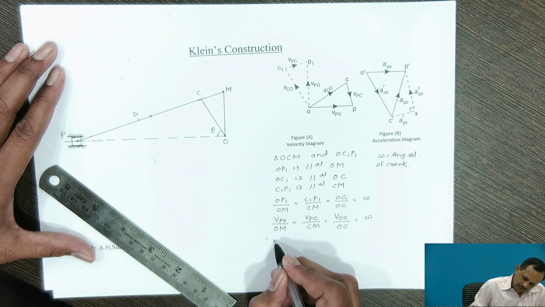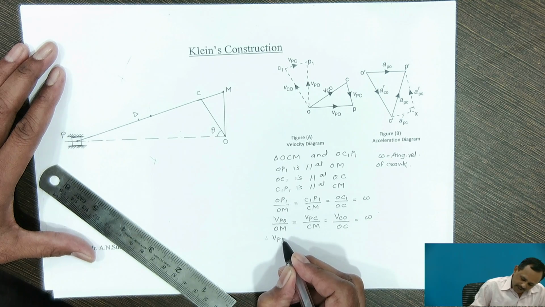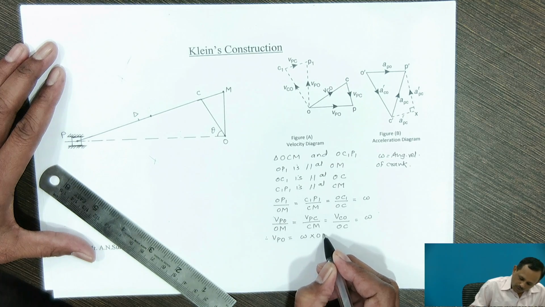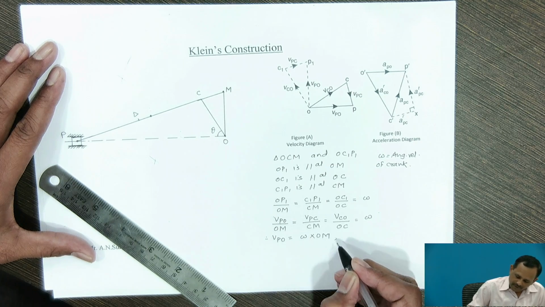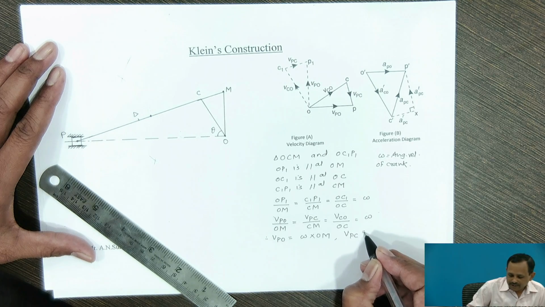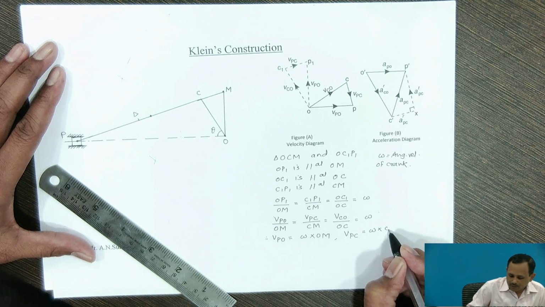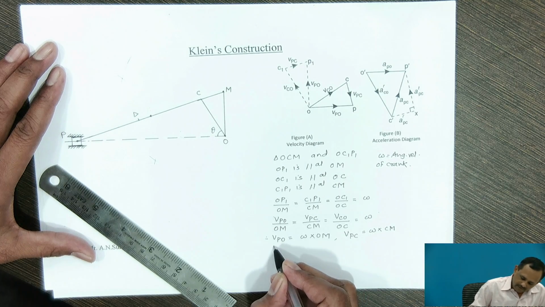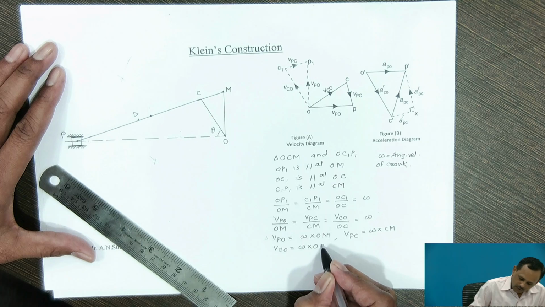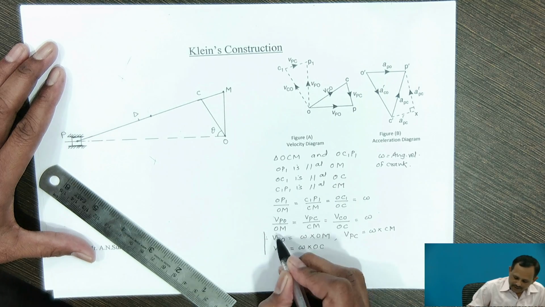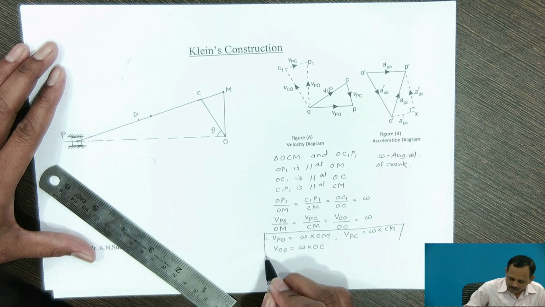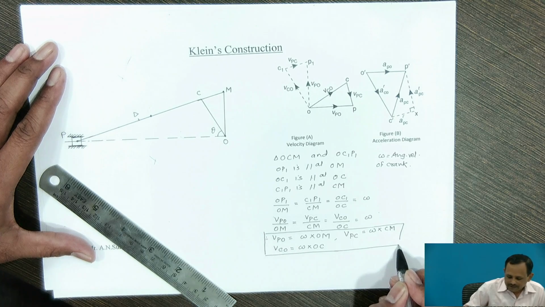Therefore, velocity of piston P with respect to O is given by omega into OM, velocity of P with respect to C is omega into CM, and velocity of C with respect to O is omega into length OC. By using these relations, we can determine the velocity of various points with respect to another link.